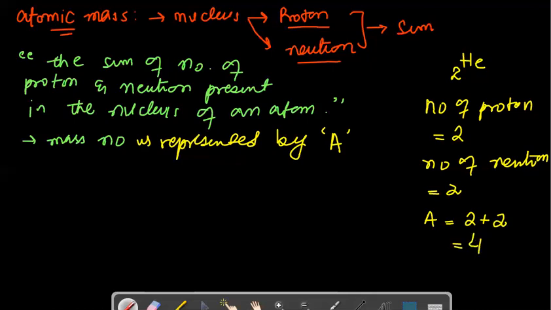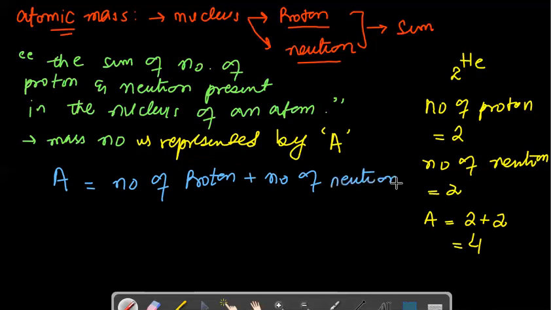So you can simply use a formula for the atomic mass or mass number. A is equal to number of protons plus number of neutrons. Okay, or you can say that atomic mass is equal to Z plus number of neutrons.